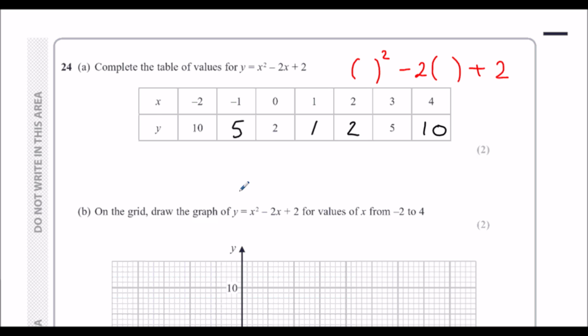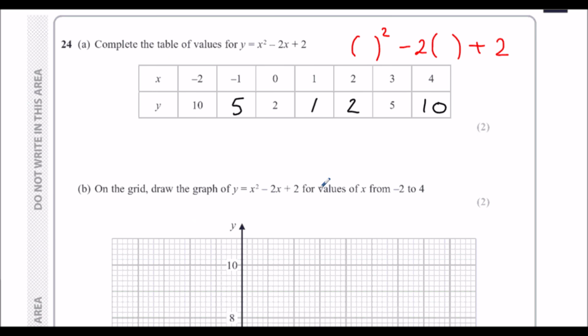And then part B says on the grid, draw the graph of, so the one we just did, x² minus 2x plus 2. So these are our coordinates, x and y. So when x is -2, y is 10, so it's -2, 10.